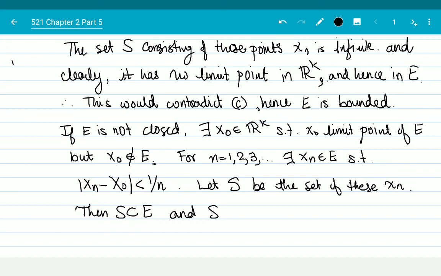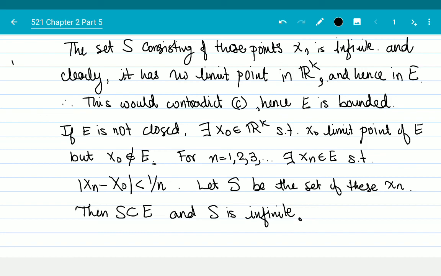Otherwise, there are only finitely many points, and find the one closest to x naught. Look at the distance, take 1 over n, which is smaller than that. There's no point in there.